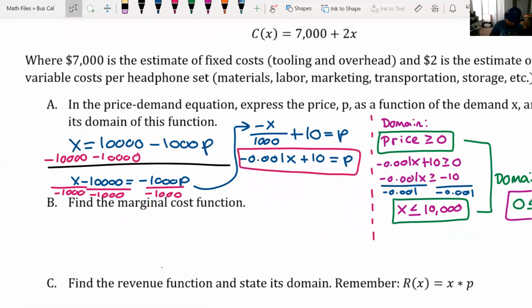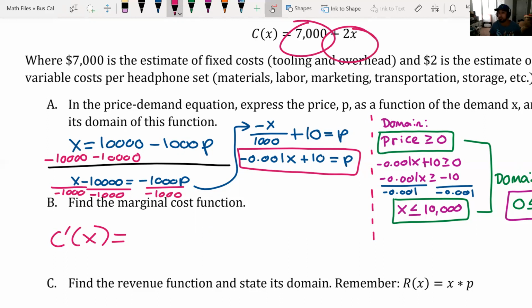So there's the cost function up there. So the marginal cost function, which is just c prime of x, the derivative. Well, what's the derivative of 7,000? 0. What's the derivative of 2x? 2. And there it is. That's all it wants.